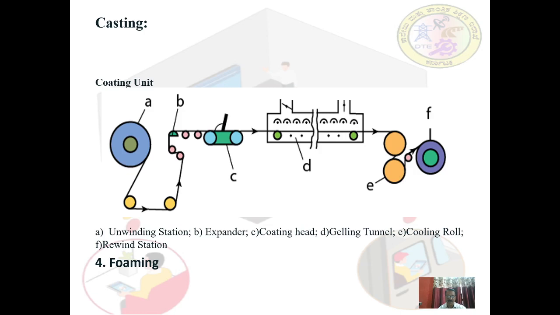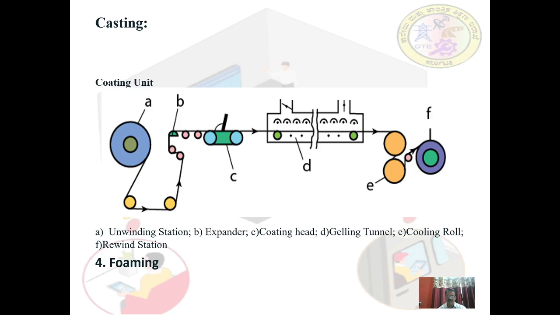Only a few materials are employed in the manufacture of foams, such as polystyrene, PVC, low density polyethylene, as well as phenolic and polyurethane resins.